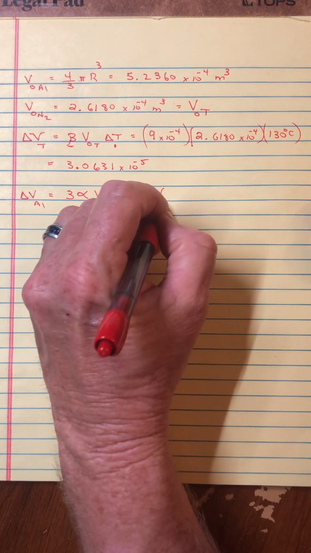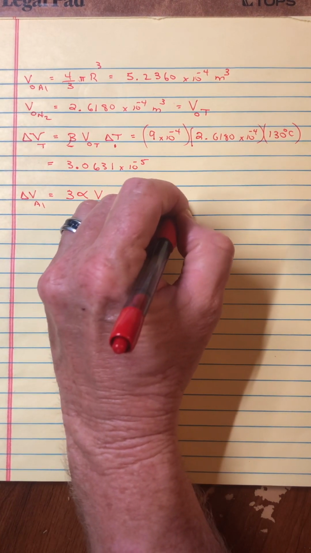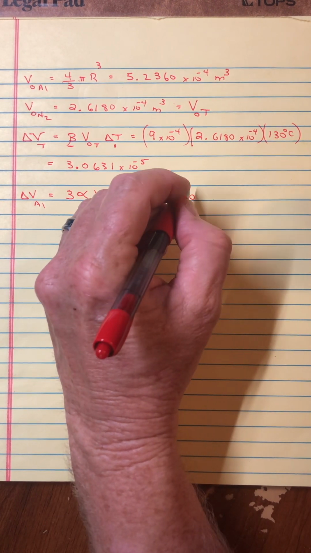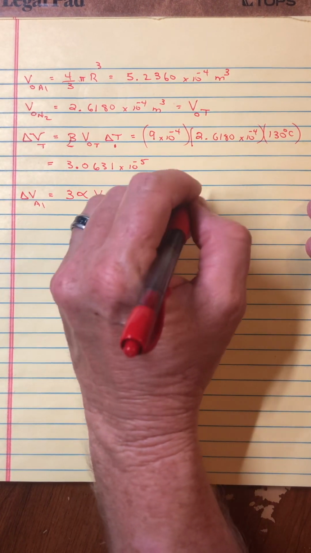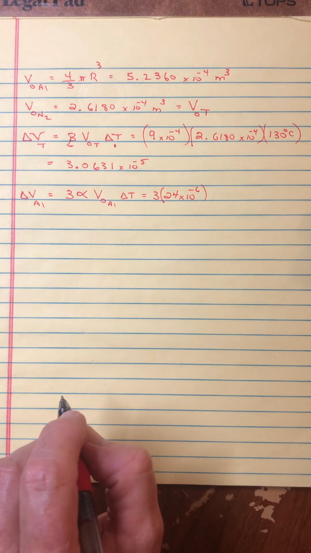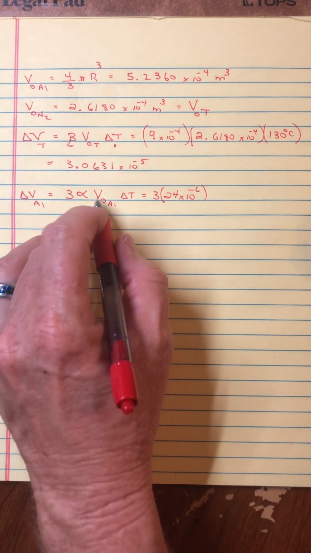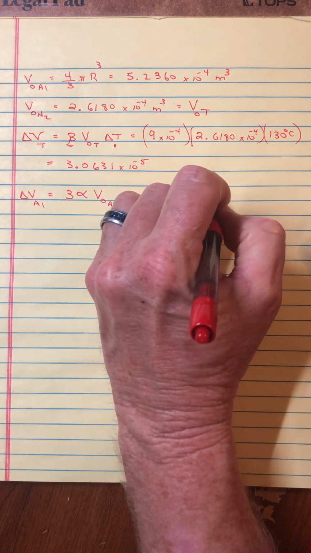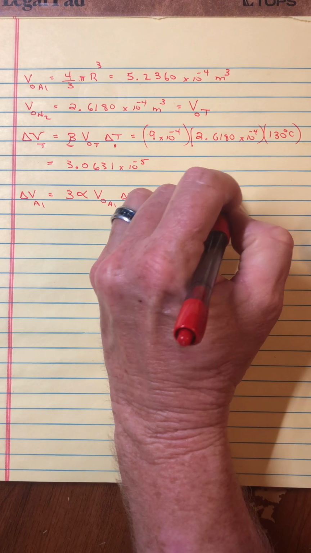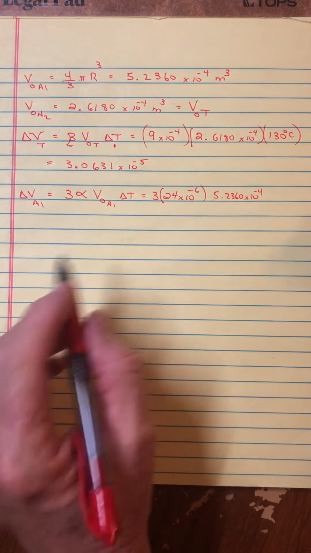So this will be 3 times, and then here's where we need to look up aluminum, which the linear expansion of aluminum is 24 times 10 to the minus 6. The initial volume of the aluminum is 5.2360 times 10 to the minus 4.